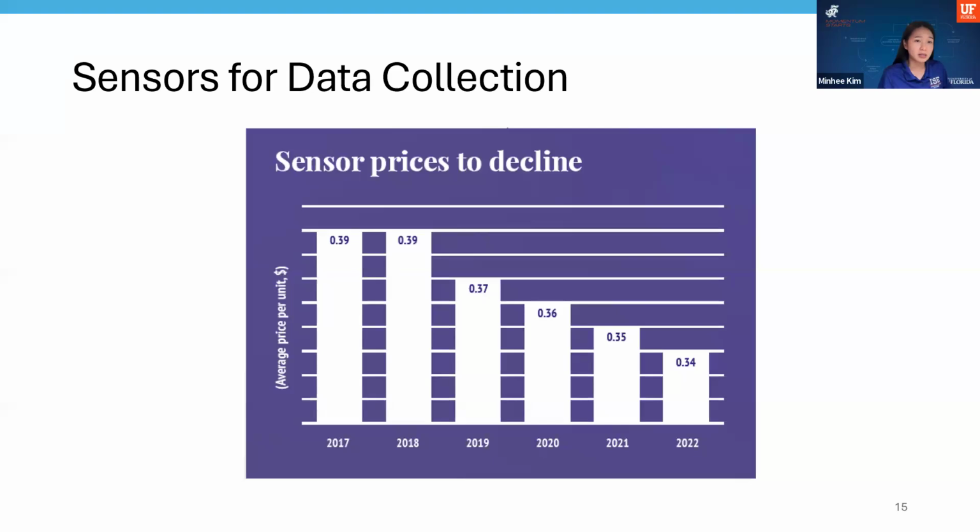And what enables us to collect the different types of data that I just showed you? One key enabler is the accessibility of the sensors. You can see in this chart that the price of the sensor continuously declined until these days.